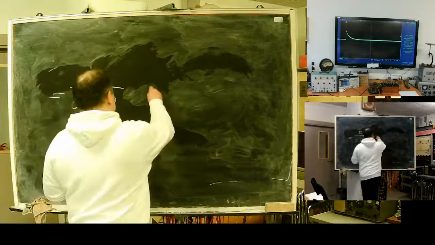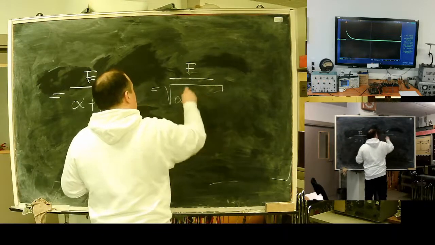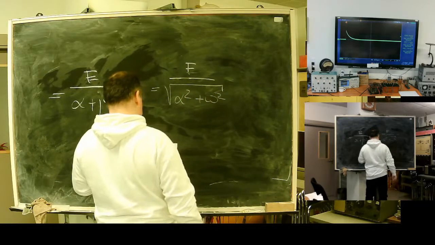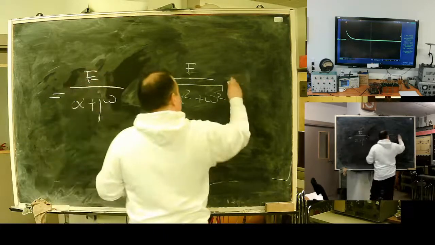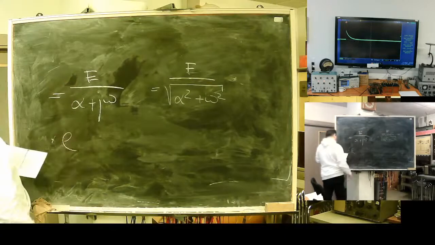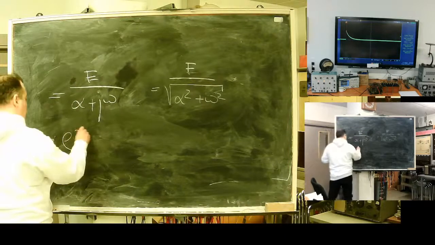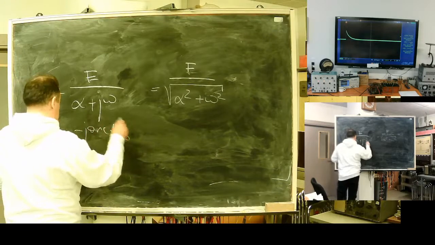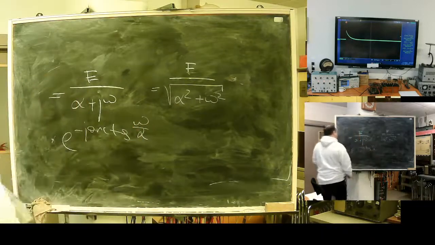I can write it as 1 divided by the square root of alpha squared plus omega squared, multiplied by e to the power of minus j arctangent, where the tangent will be omega divided by alpha.